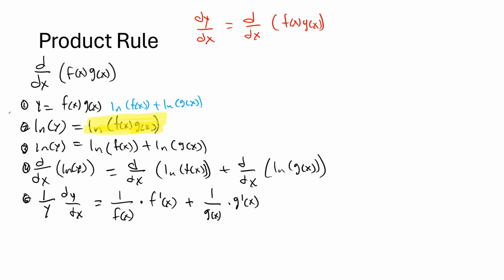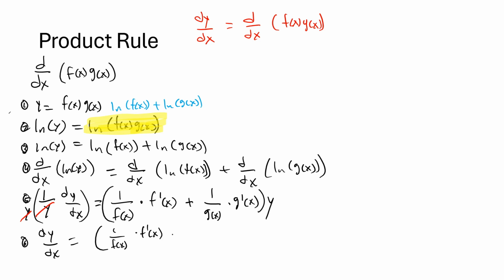Okay, so now we're just going to multiply both sides by y. Okay, and these guys will cancel. So our sixth step here is going to just be dy by dx equals 1 over f of x times f prime of x plus 1 over g of x times g prime of x, times y.